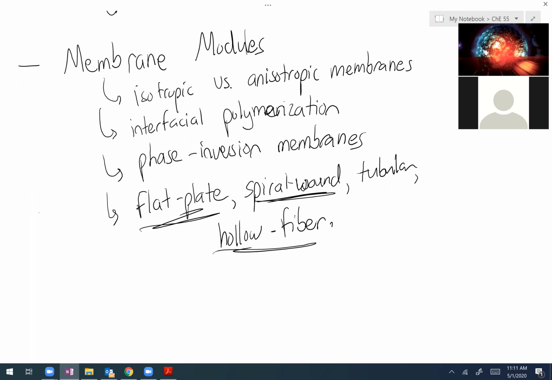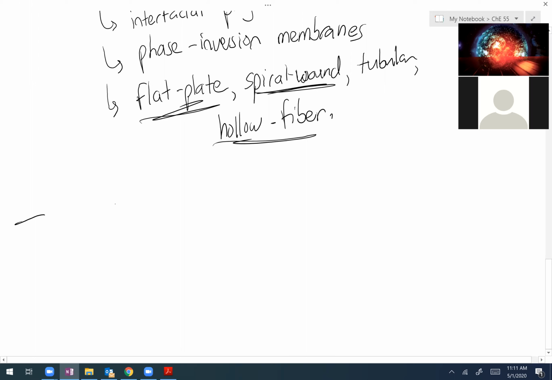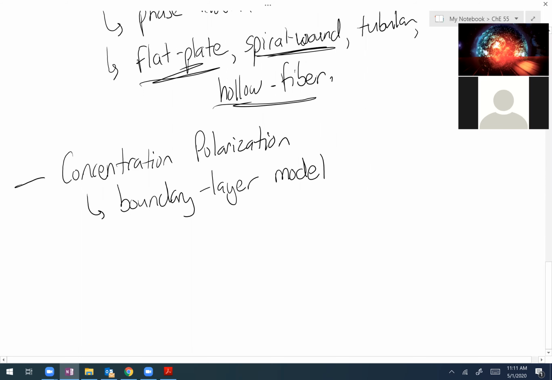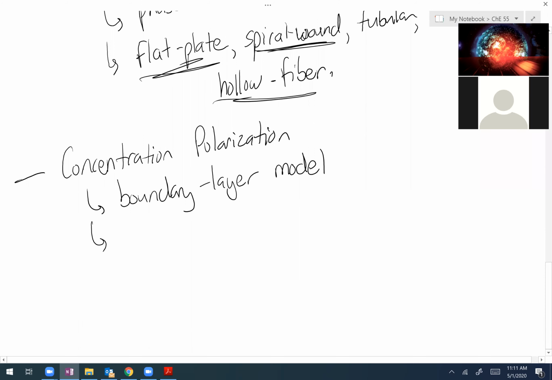We talked about concentration polarization. And looked at a boundary layer model for concentration polarization. And we looked at the film model.